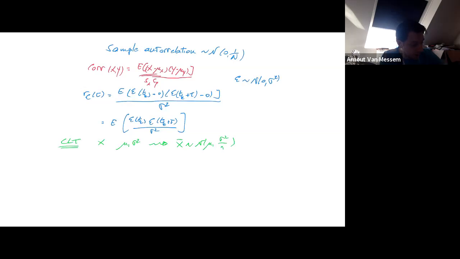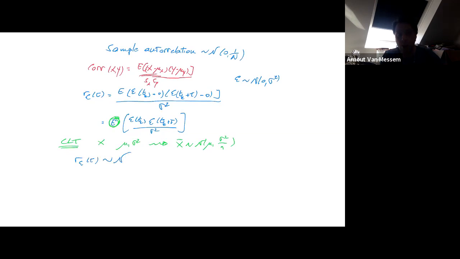We see now that this autocorrelation is an expected value, so this is a mean, and we can just use the central limit theorem to calculate the distribution of this mean. And then we go to the mean or the expected value itself. So according to the central limit theorem, the autocorrelation follows a normal distribution if my time points are large enough, so if I have a large enough sample, with as mean the expected value.